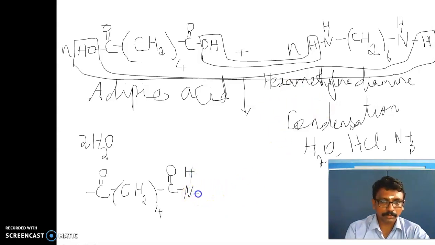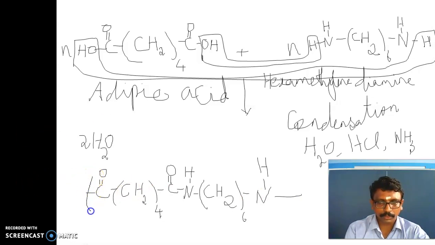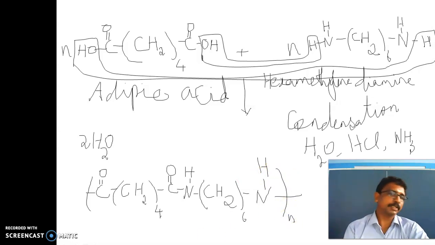And then CH2 6. After that, NH. So we have to close the bracket and put n in the subscript.